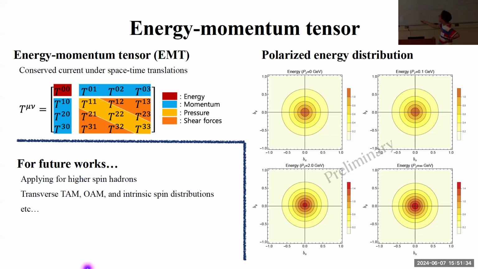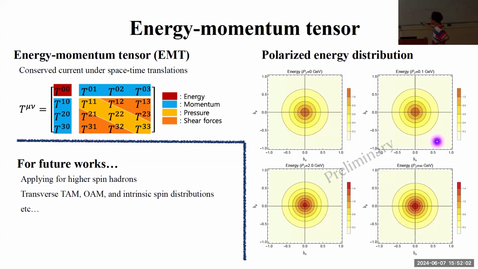Here on the right-hand side, I bring our preliminary result on the energy distribution for a transversely polarized nucleon along the x-axis. In the Breit frame, you can see the center of the system at the center of the impact parameter space. On the other hand, as we increase PZ, the distortion appears.